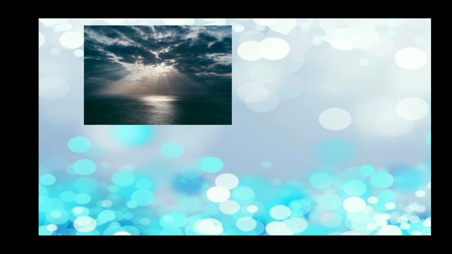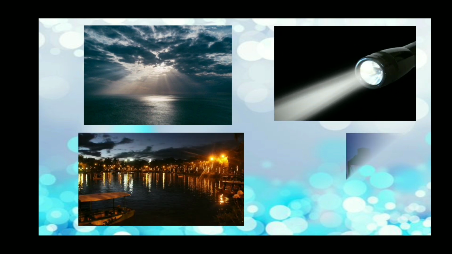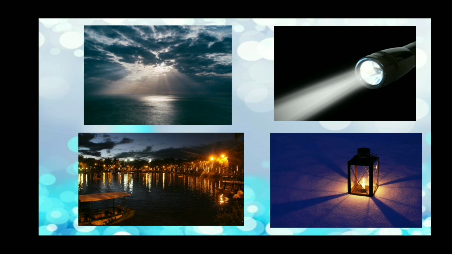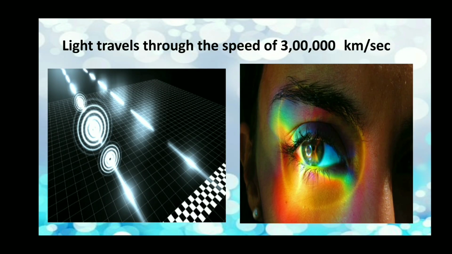Light is a form of energy which travels in the form of waves. It contains particles called photons, which are minute packets of energy. It is the only form of energy visible to the human eye. Light does not require any medium to travel.